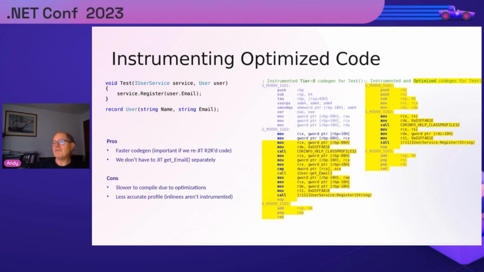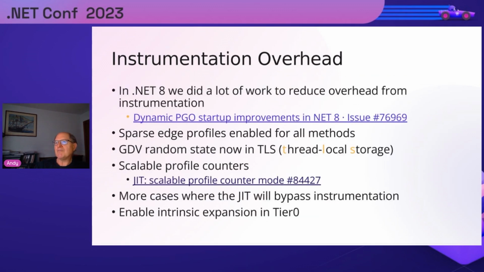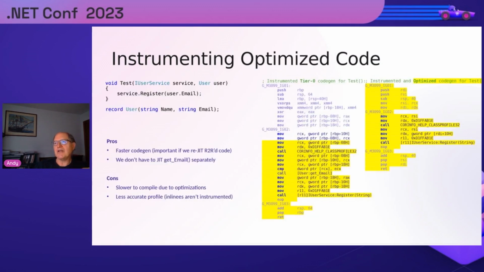We now generate far fewer instructions, right? We still have that class profile 32 in there, which is the thing that we use to probe what types are involved. And so we're actually looking at the types, building up the histogram. I probably don't parse this, but the call there is a general interface call. And then once we're done with that, we go ahead and we optimize it, and we end up with the kind of code that we showed before.